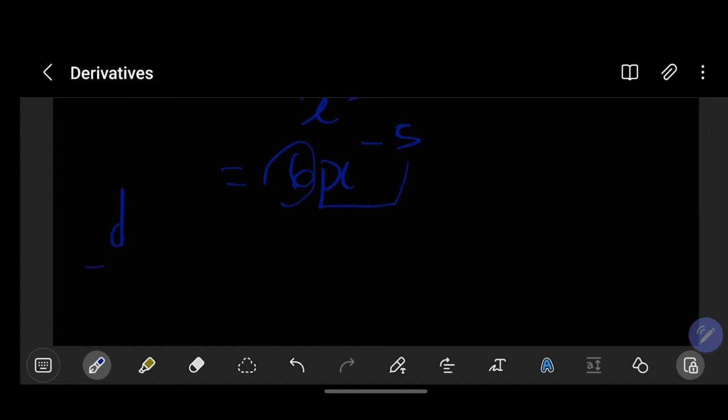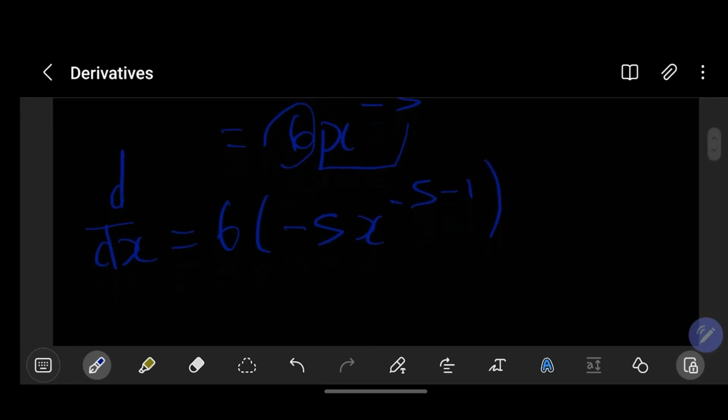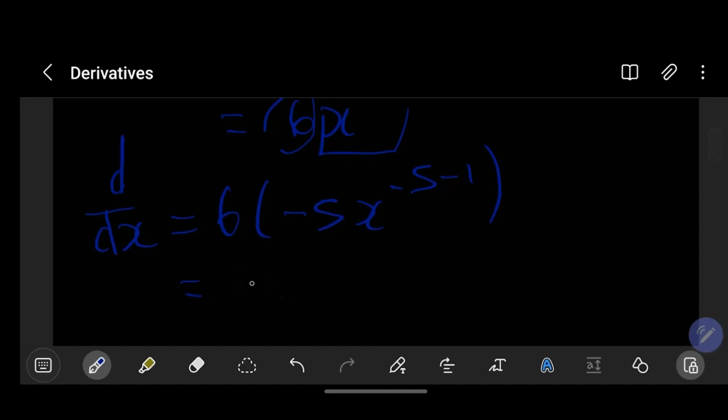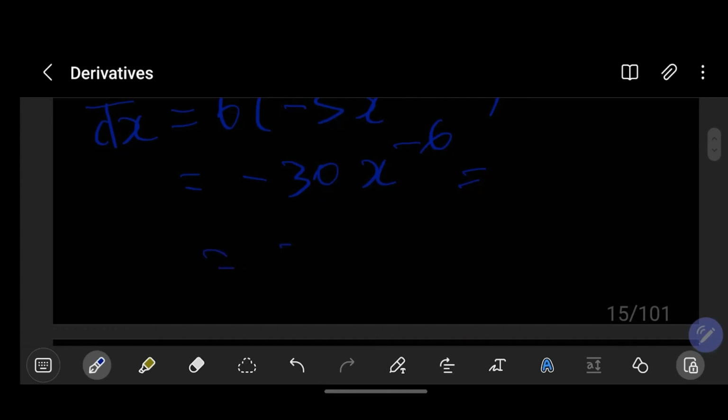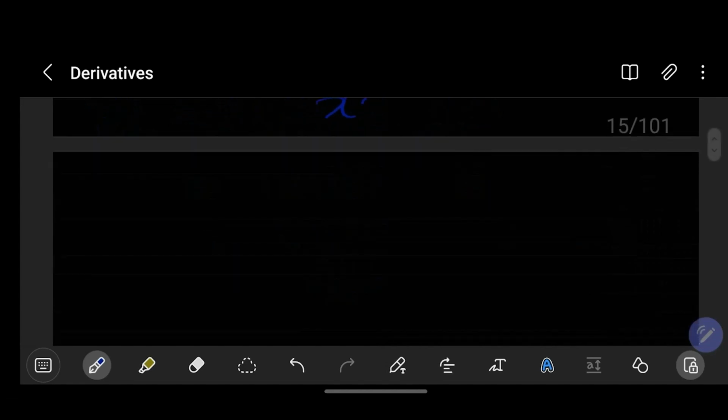So d dx is now equal to 6 times minus 5 x to the minus 5 minus 1, and that is just equal to minus 30 x to the minus 6, and we can rewrite this as minus 30 over x raised to the 6. Okay, quite a simple example again. But let's look at a new one.